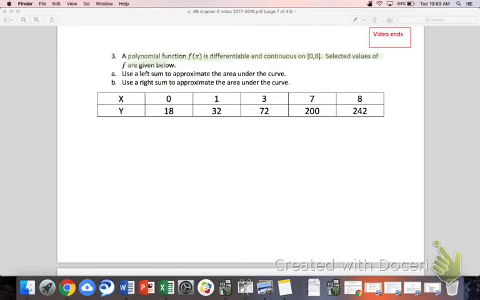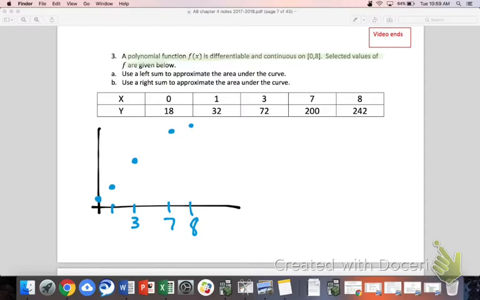Here is a potential graph. So (0, 18) would be right about there. 132 would be right about there. 372 would be higher than that. 7,200 would be up there somewhere. And then 8,242 would be just a little higher than that.